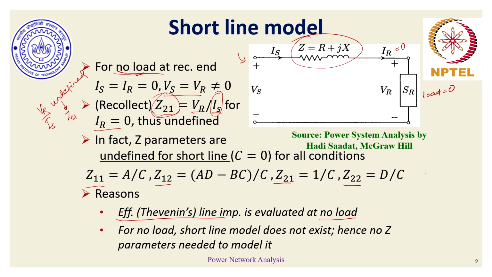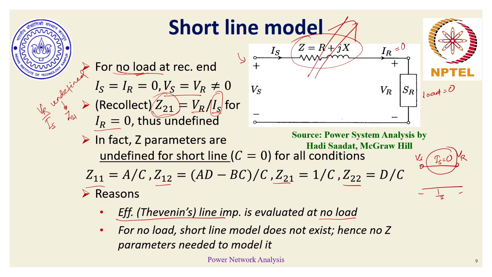It is as if this entire Z, even if it is removed or cut off, we would still have an analogous condition where we have Vs on one end, Vr on the other end, and here is my ground or terminal where the reference is being measured. Whether there is impedance in between Vs and Vr, or whether there is no impedance between Vs and Vr, under no load condition, the current in the circuit is always zero.